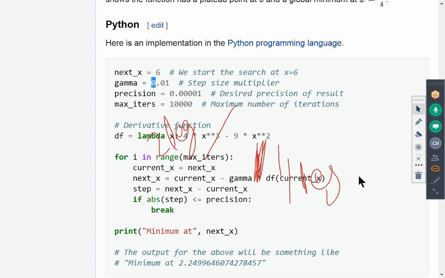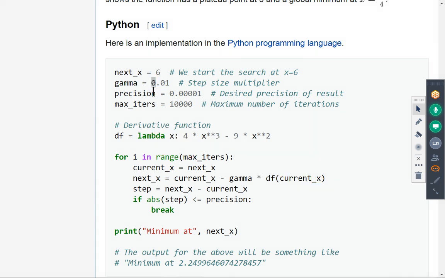Now coming to this program, the step size is 0.01. Mathematically, the step size we call gamma. Next is precision. Precision means up to how much accuracy I want to move.